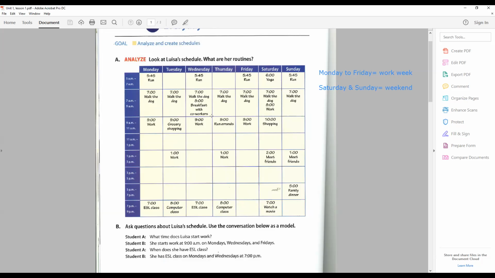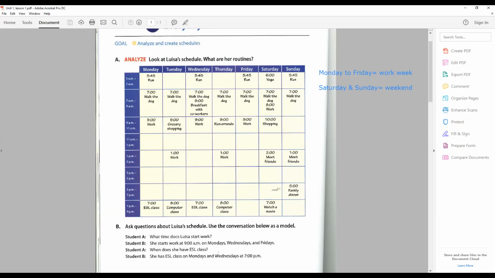So for example, if you look at Lisa's schedule, you can tell that on Monday, Wednesdays, and Friday, she goes on a run at 5:45. And Sunday, excuse me.